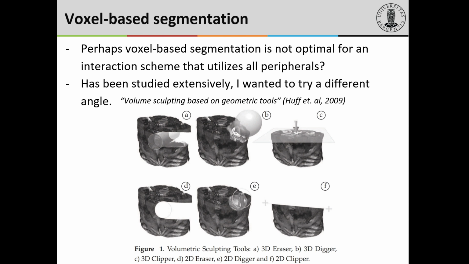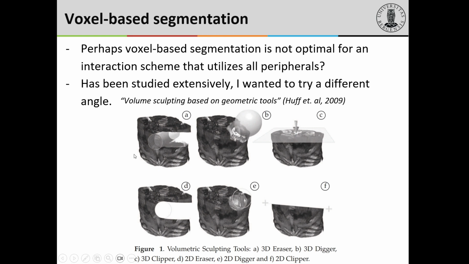When it comes to segmentation, the most typical way of segmenting volumes is probably voxel-based segmentation. So you have, for instance, in this solution, you start with a fully selected volume, and then you subtract away by using these subtractive sculpting tools.